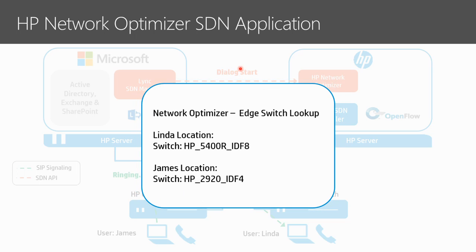And then what Network Optimizer does is we can go into the network and look up where these users are located. We can go all the way down to the switch and find where these users are. This allows us to take action. And as you can see, these are located on 2 different switches.